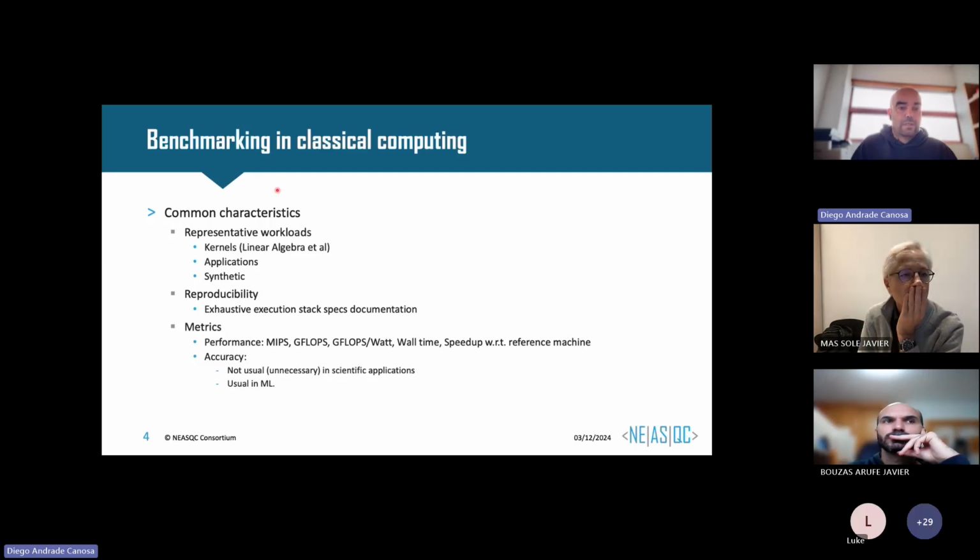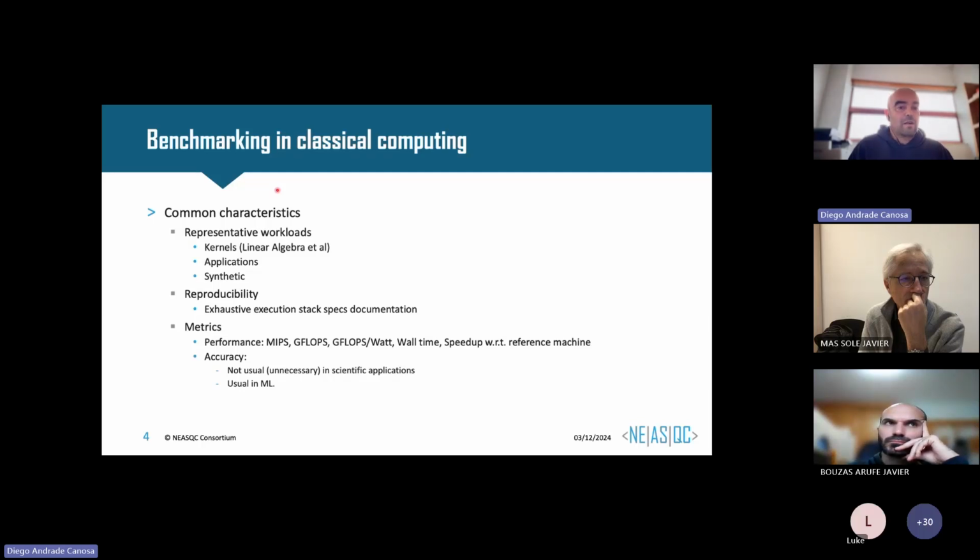So for doing this, every time we execute a benchmark, we have to keep a record of all the information that is relevant about the execution stack. For instance, in classical computing, the amount of RAM memory that you have, the technology of the dynamic RAM memory, or in the software part of the stack, the compiler that we are using, the flags of the compiler that we are using, etc.